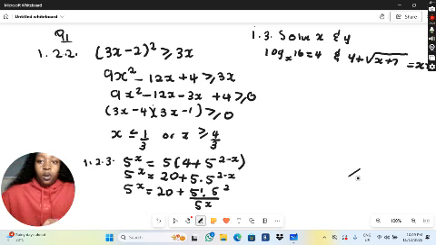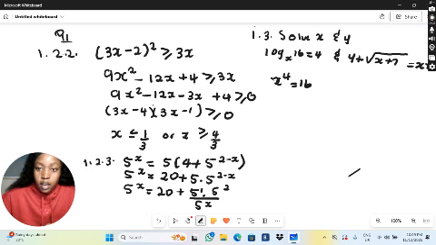So when we solve this, we are going to have x to the power of 4. I believe that you have learned about logs, is equal to 16. So x to the power of 4 is 16, and 16 is 2 to the power of 4, so that you can equate the bases.